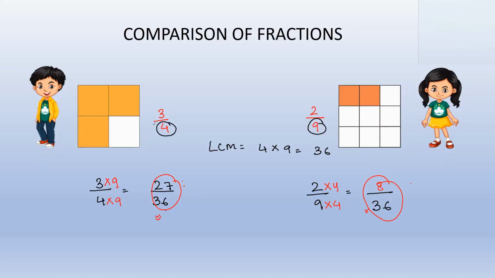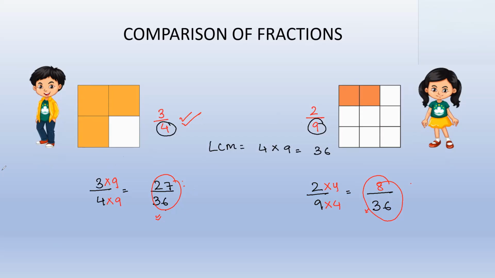Hence, this means that the fraction equivalent to 27/36, which is 3/4, is greater than 2/9. So, whenever we have fractions where numerators and denominators are different, we can't compare them directly by looking at them. In that case, we either cross multiply or we find the LCM and then look for the equivalent fraction.